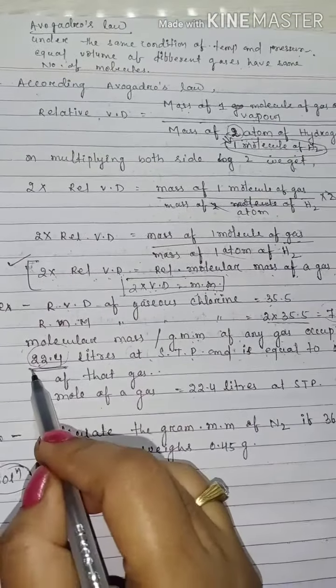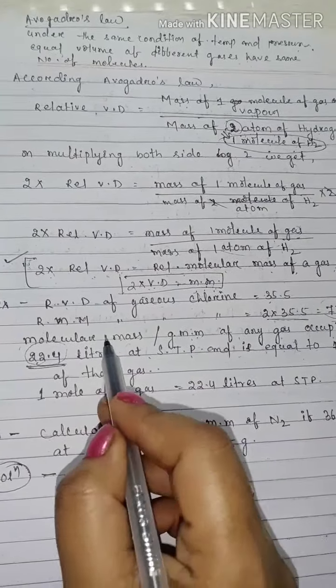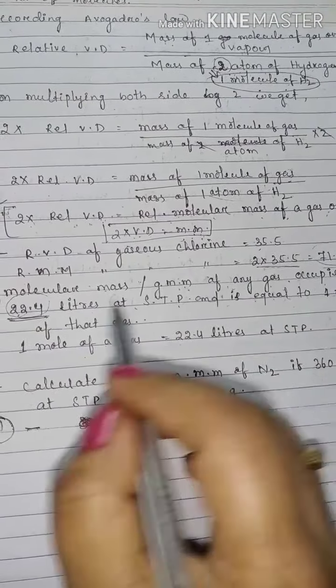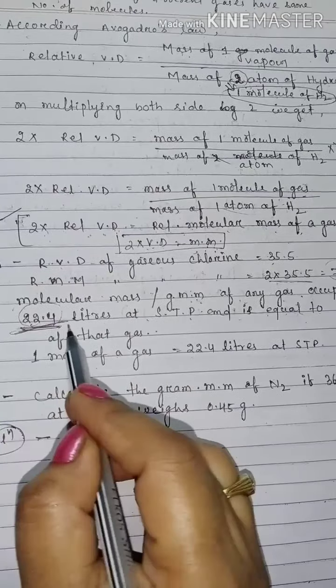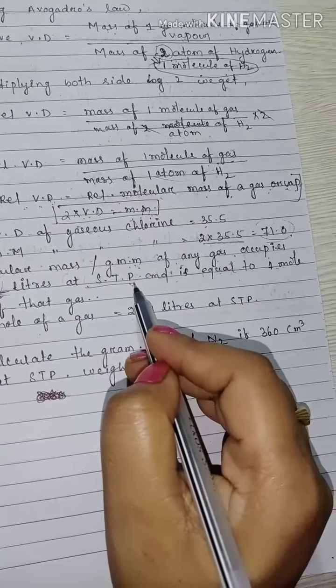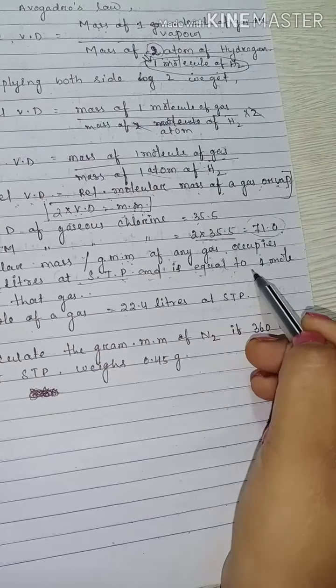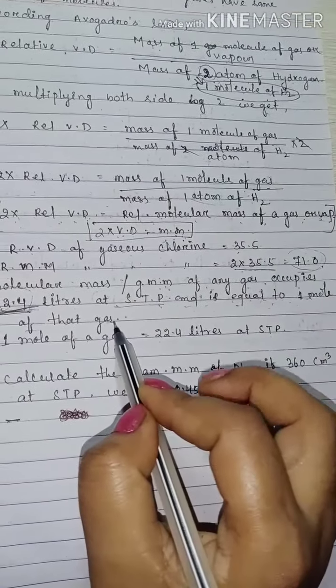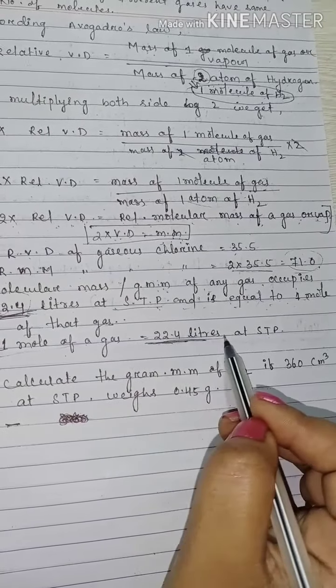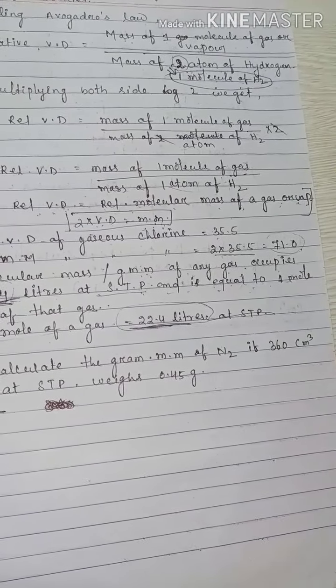Note this point: the gram molecular mass of any gas occupies 22.4 liters at standard temperature and pressure, which is equal to 1 mole of that gas. That means 1 mole of a gas is equal to 22.4 liters at STP.